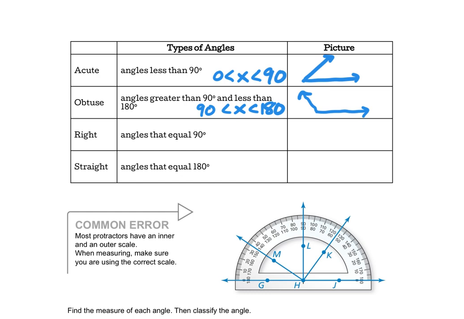Okay, a right angle is going to be equal to 90. We talked about this yesterday, but what's the symbol that we use to show that we have a right angle? We saw it on squares and rectangles yesterday.